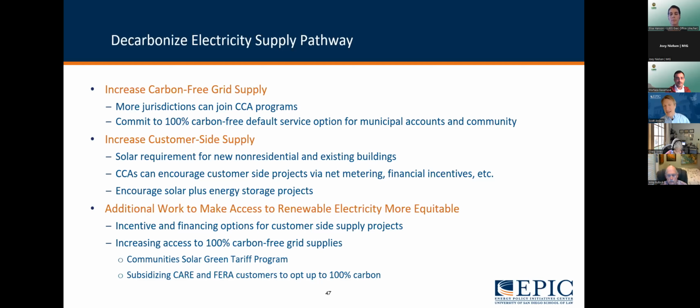And again, an equity lens here. There is additional work needed to make access to renewable electricity more equitable. This could include incentives and financing. We also think that there's an opportunity to increase the grid supply of 100% carbon-free to communities of concern, and we have some thoughts on how we might do that.